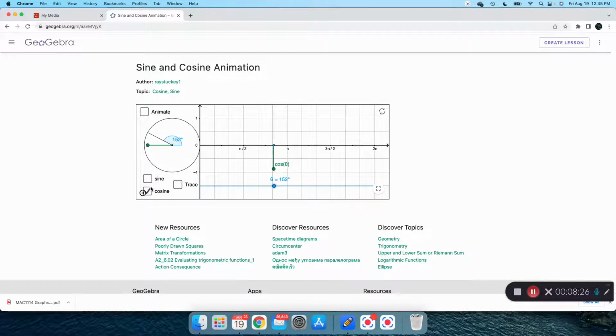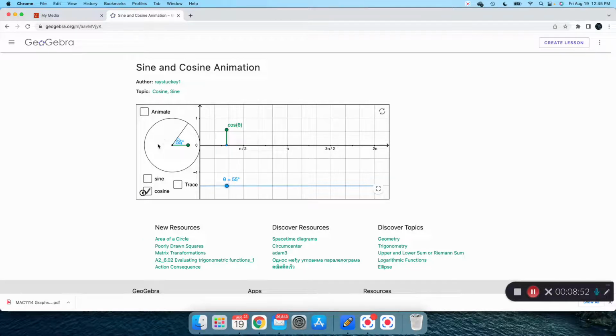If I pick some angle, say 55 degrees, and I draw in this right triangle, then the cosine of that angle will be the adjacent over hypotenuse. But remember, we're in a unit circle here, so our hypotenuse is 1.